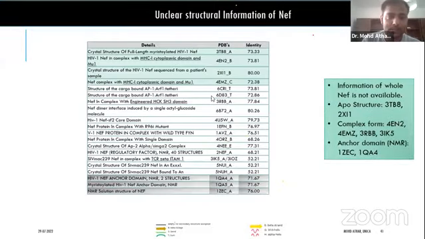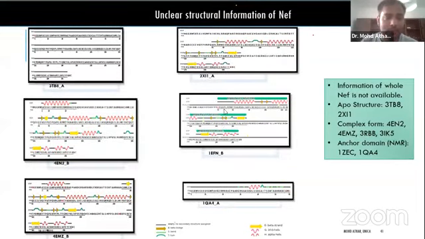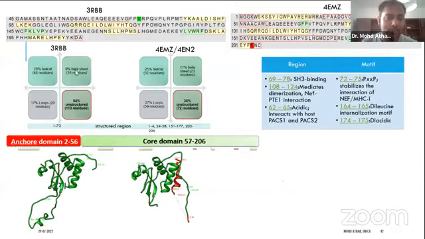You can see we don't have even a similar homology structure of the protein that we have in our lab. This is all unstructured, we don't have any nearby protein. We don't have any information on this part, or on this part. So we have the anchor domain and the core domain, which were unstructured.